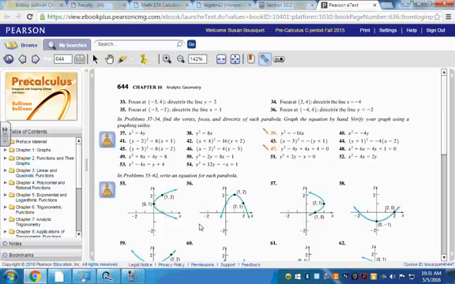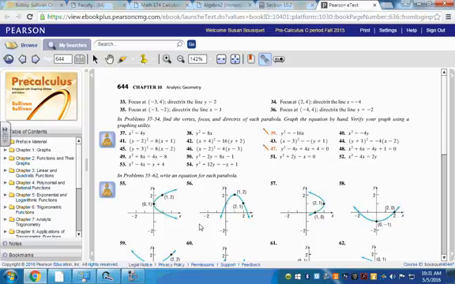Okay, so this is problem number 48 out of the textbook. These are cool too. We may want to do 55 at the same time. 55 just says, tell me what the equation is. It has a parabola opening to the right. It has a vertex point of 0, 1, and it goes through the point 1, 2.